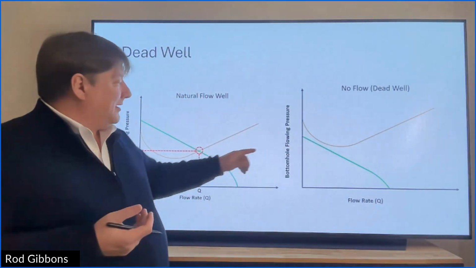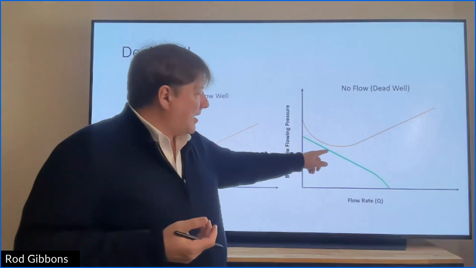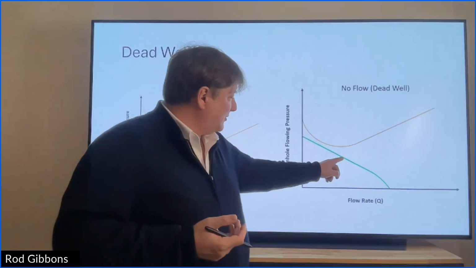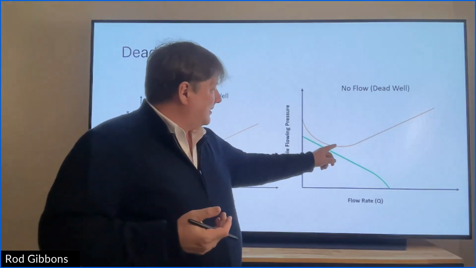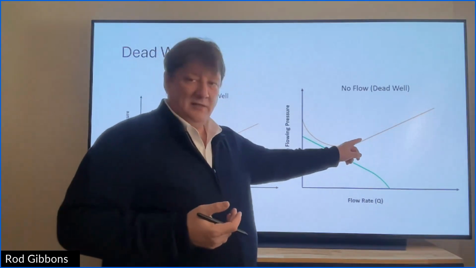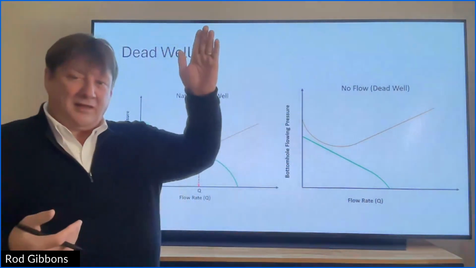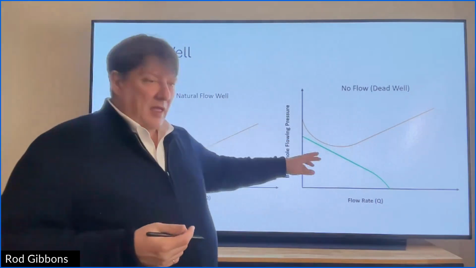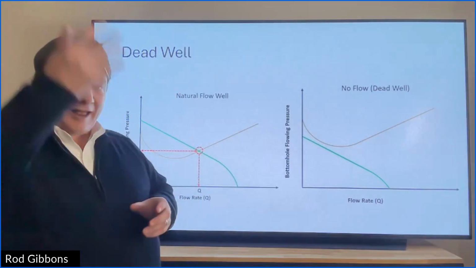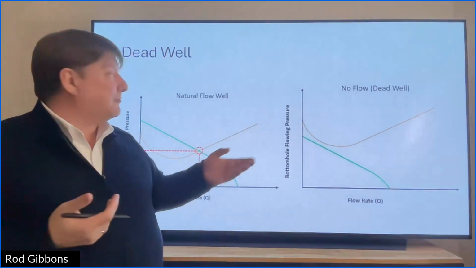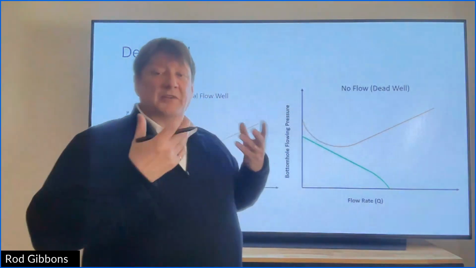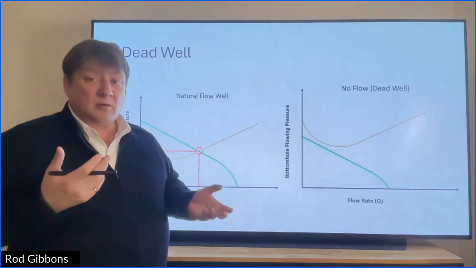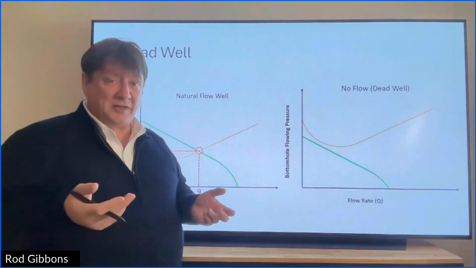So now this is the oil getting into the well, but this is the oil coming out from the bottom of the well to the top. So I might be able to flow into the well, but I can't get out. So then you have what you call a dead well. The well stops flowing.